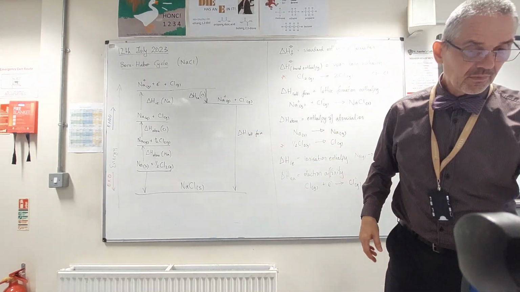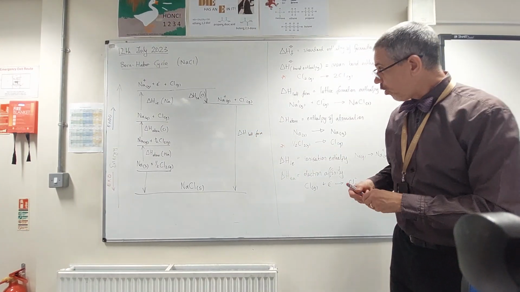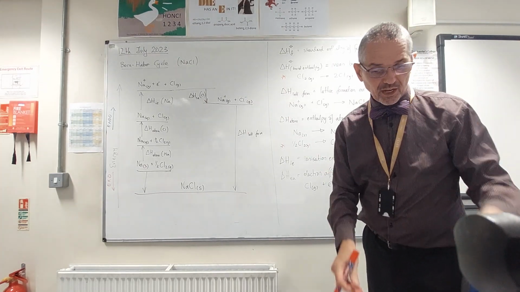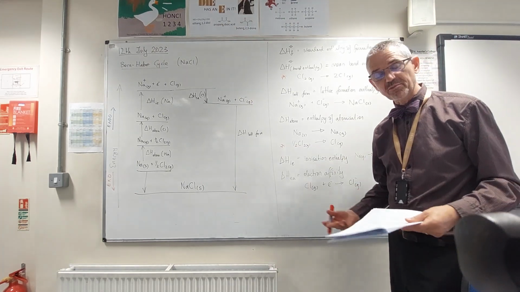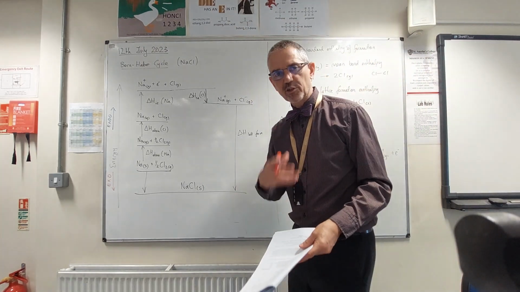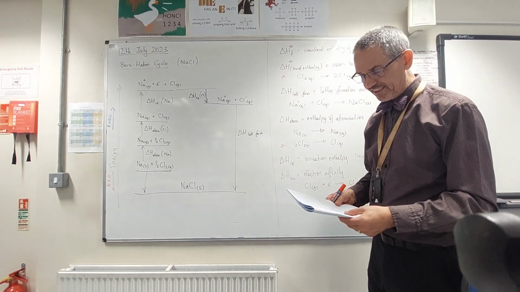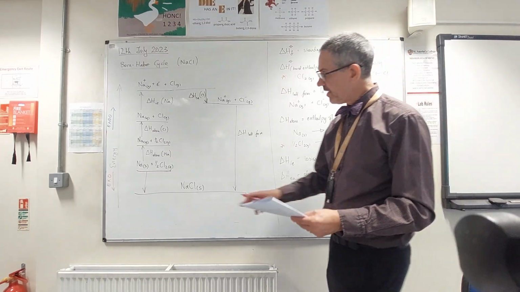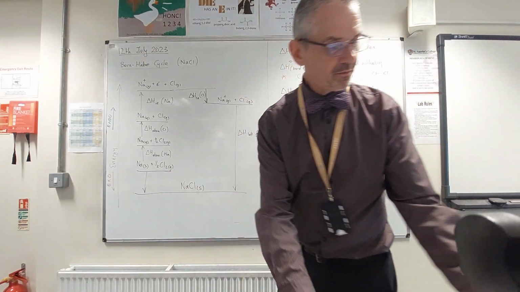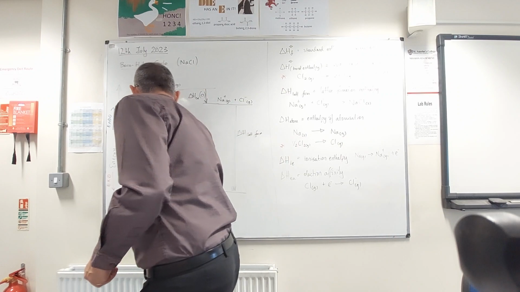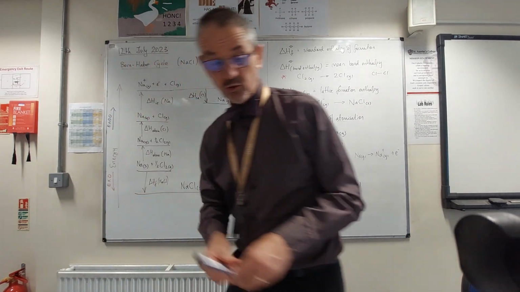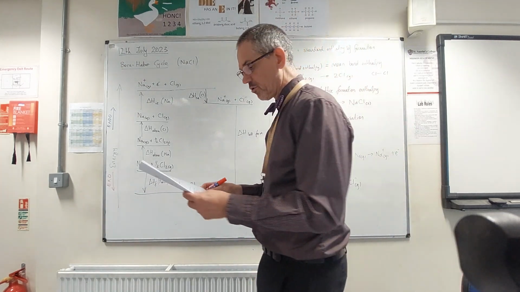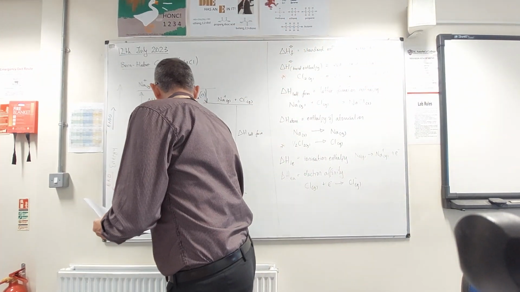Okay, we have finished. We've got all the way around. And now what we can do is put numbers in. We look these up in data booklets or in exam questions. They'll be given to you in a data table. So enthalpy of formation, I haven't put that in, have I? Enthalpy of formation of sodium chloride is also exothermic because sodium chloride is a pretty stable compound.